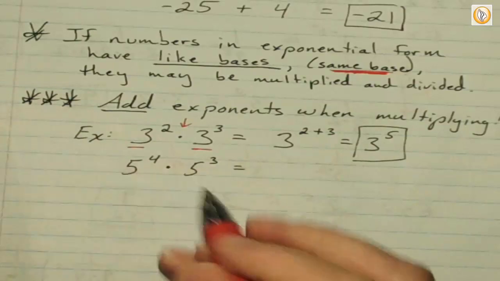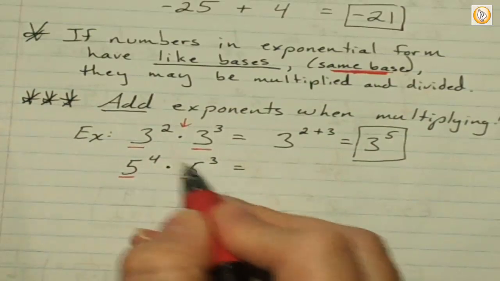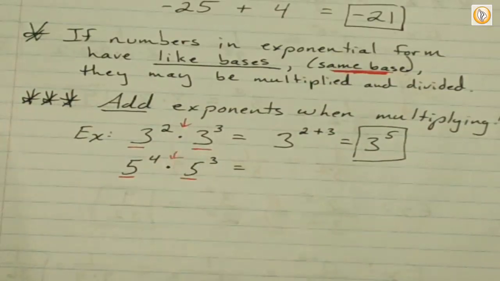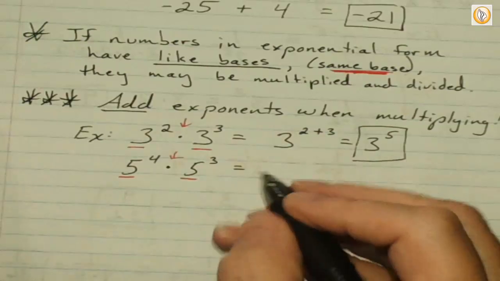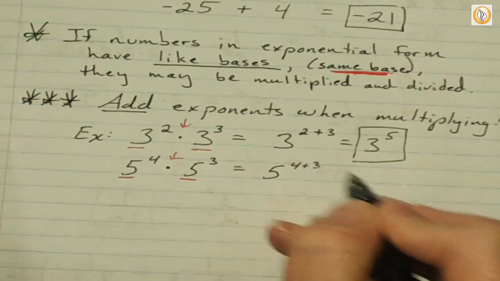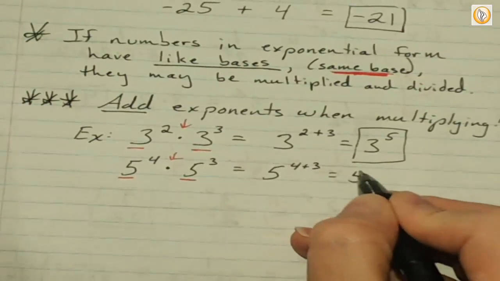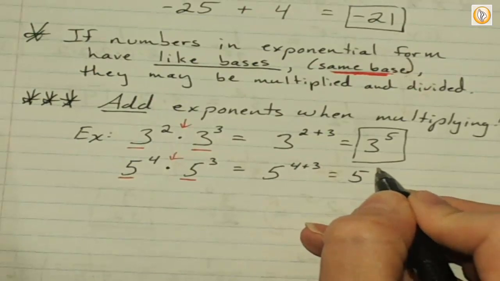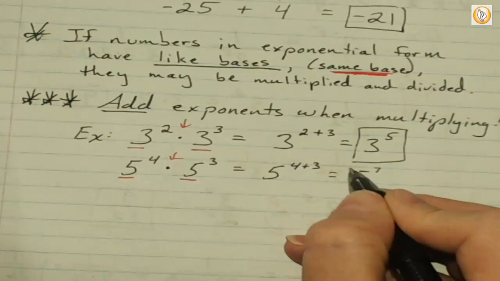The bases are the same. We are multiplying those bases, so therefore, what do we do to the exponents? You add them, so that'd be 4 plus 3, which gives me 5 to the power of what, Tanner? 7. There you go.